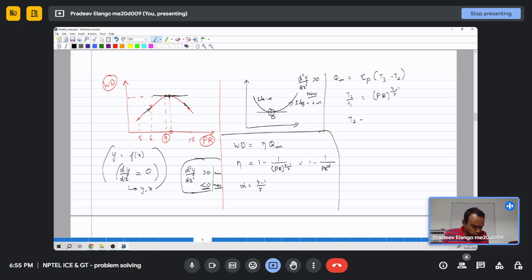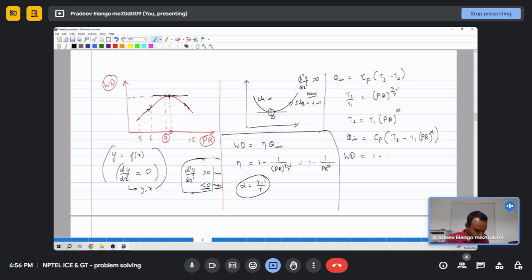So I take T2 as T1 into pressure ratio power alpha. So now I can substitute the T1 value in Q in, that is Cp into T3 minus T1 into pressure ratio power alpha. Work done is efficiency into Q in.